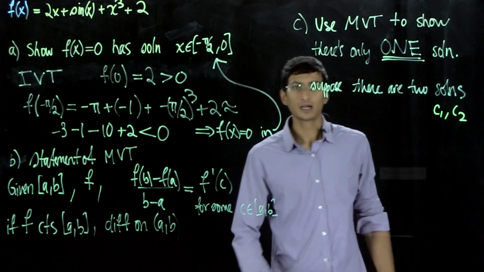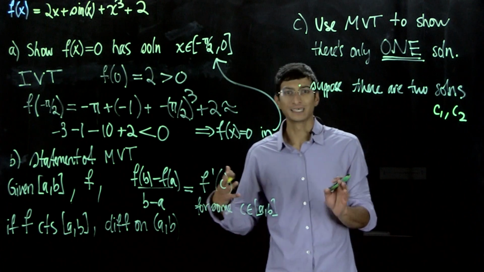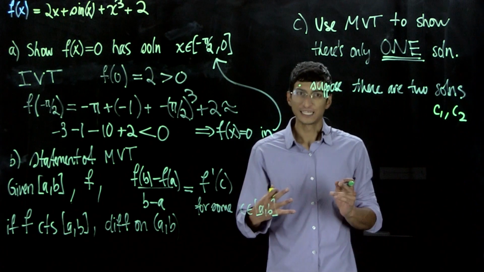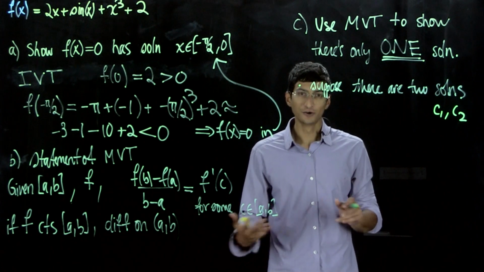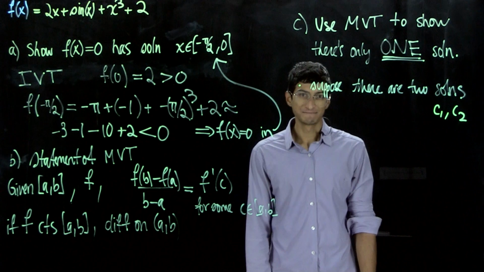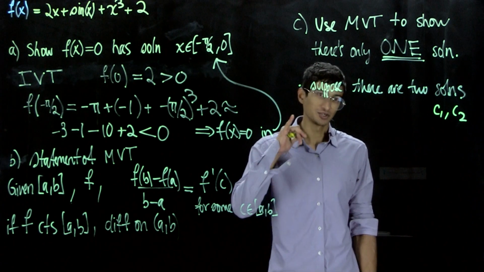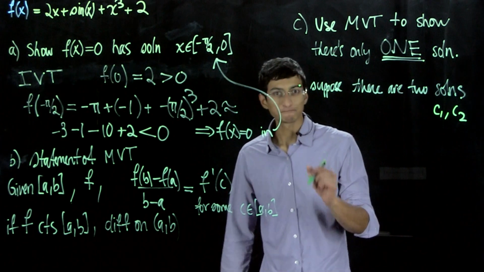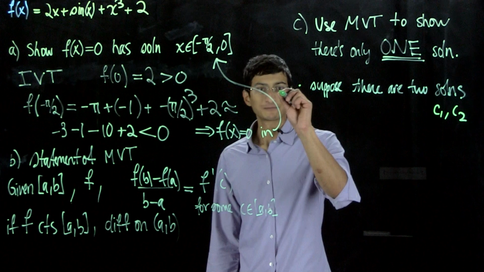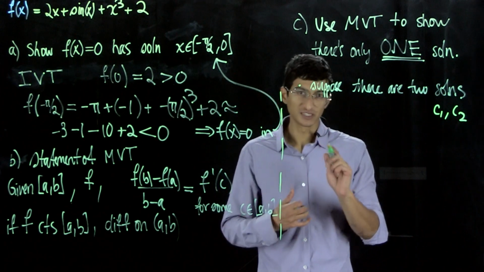So what am I doing here? I'm doing a proof by contradiction. So I'm going to assume something that is absurd, that there are two solutions, and then I'm going to show that pigs fly. But pigs don't fly, so there's just one solution. Okay, suppose that there are two solutions.